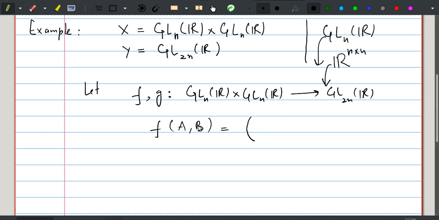Note that A and B are square matrices of order n, so f has to map this pair to a square matrix of order 2n.